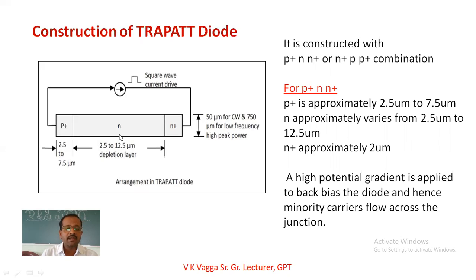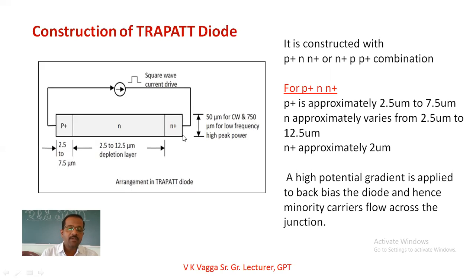It is the layer that enters into the plasma state, and its approximate variation is from 2.5 to 12.5 micrometer range. And it is to be followed by one more layer, the n plus layer, approximately 2 micrometer here.